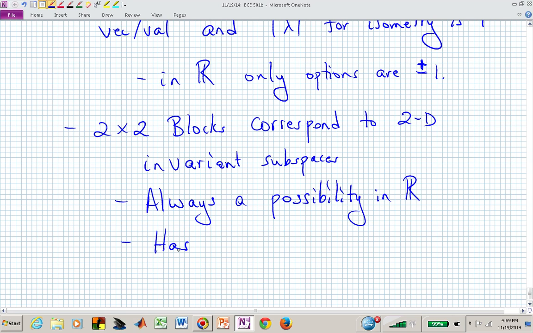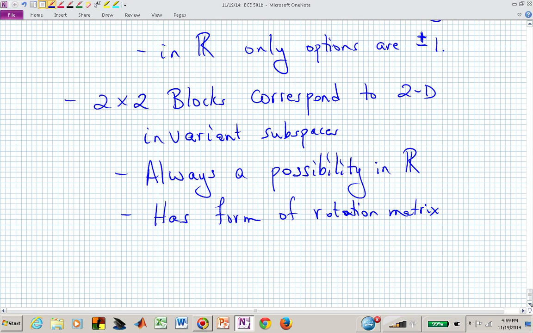And those 2 by 2 blocks are really just a form of a rotation matrix. That was the sines and cosines. Which really says that the isometry is a generalized rotation.